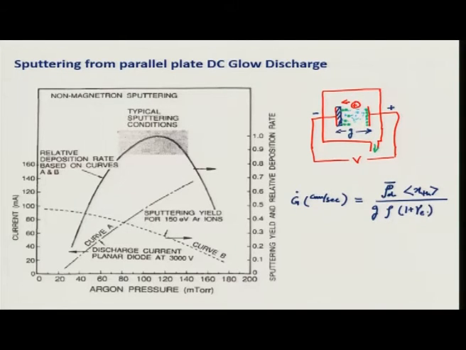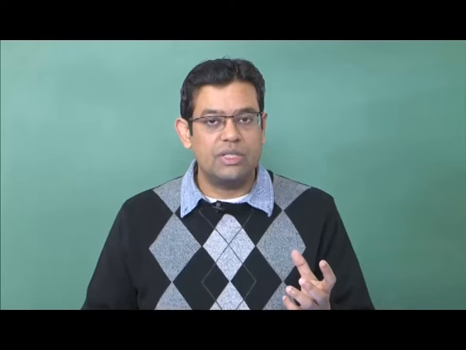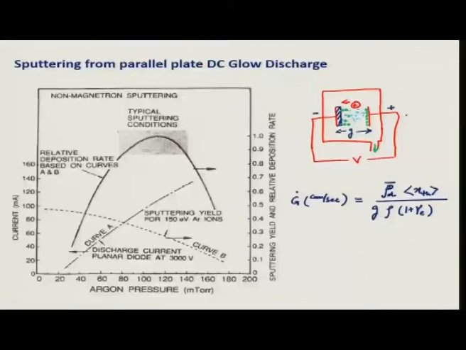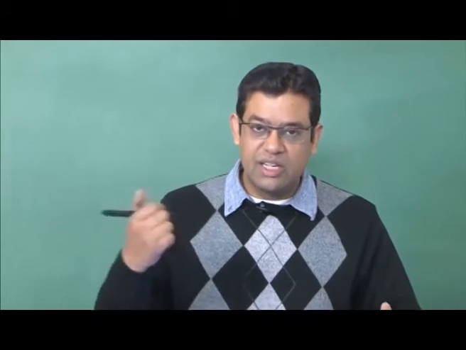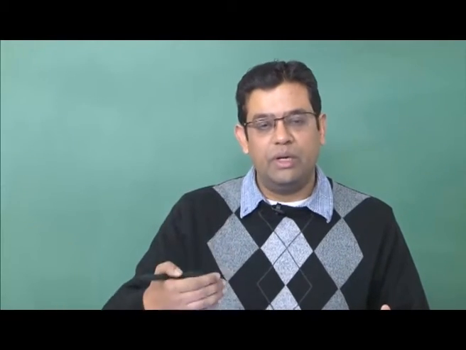Gamma E is the secondary electron emission coefficient, because we need secondary electrons to sustain the plasma. Electrons in a DC plasma glow are always accelerated towards the anode and are being lost there. So, we need to generate these secondary electrons to keep a continuous supply of electrons, which will ionize the gas atoms and create gas ions, resulting in the sputtering process.